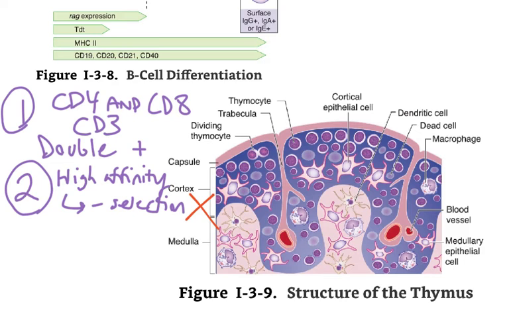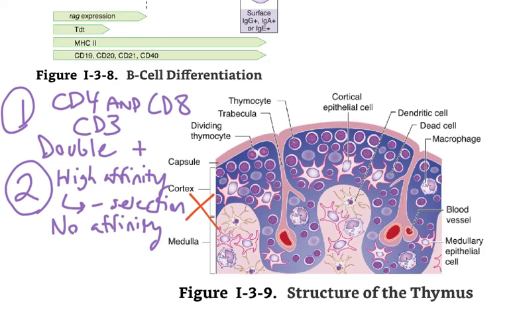If these cells have no affinity at all, so they don't bind to the MHC complexes, this is all referring, these high affinity and low affinity things I'm writing, to the MHC complex presenting a self-antigen. If there's no affinity, that means they don't like the self-antigen, which is good, but they also don't like the MHC complex, which is very problematic.